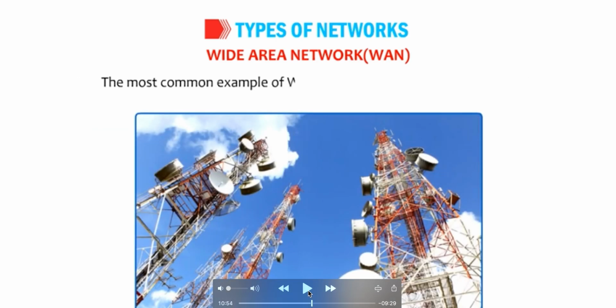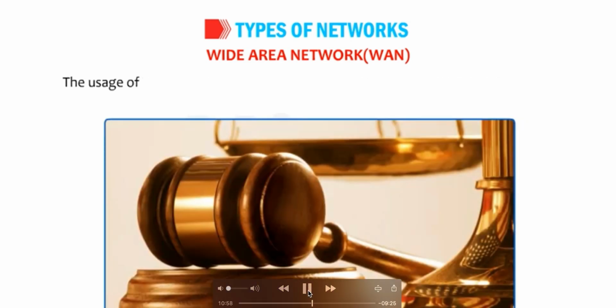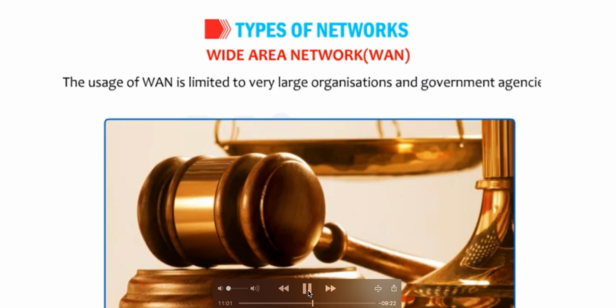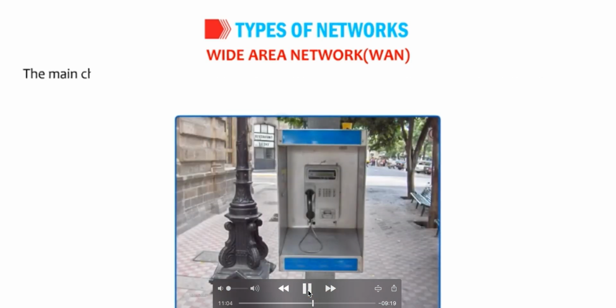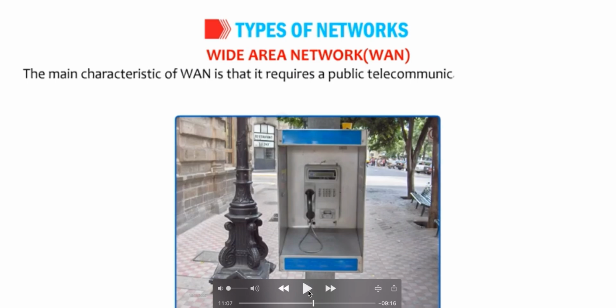The most common example of a WAN type network is the telecom system. The usage of a WAN is limited to very large organizations and government agencies. The main characteristic of a WAN is that it requires public telephone communication media to transfer the data.